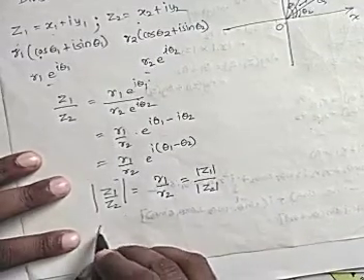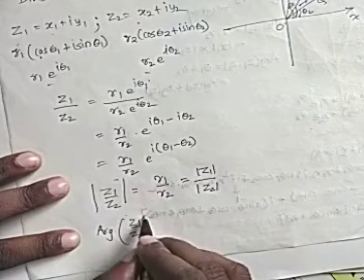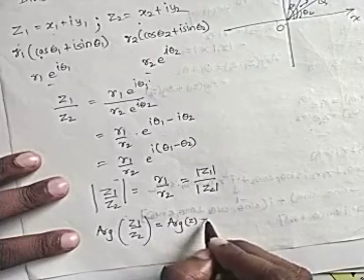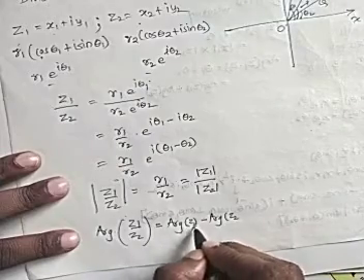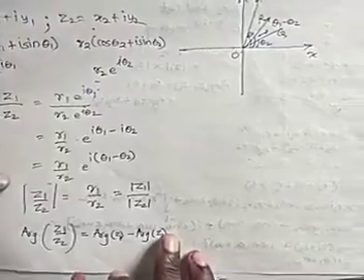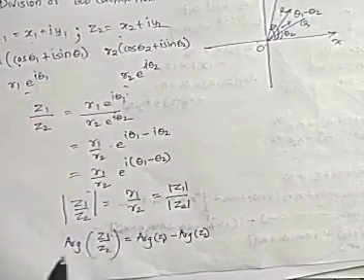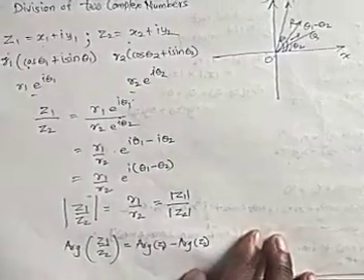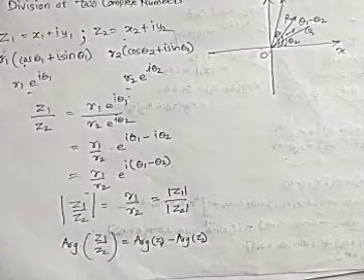The argument of Z1 upon Z2 is given by the argument of Z1 minus the argument of Z2. So this is a particular form, and we can obtain the format for the division of any two complex numbers, which is given by this form. Okay.